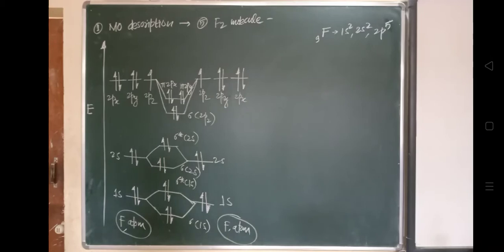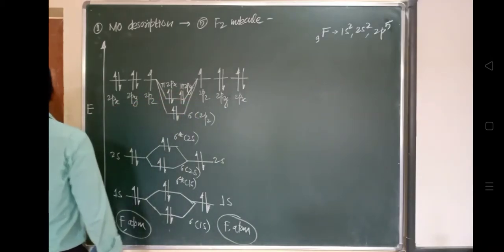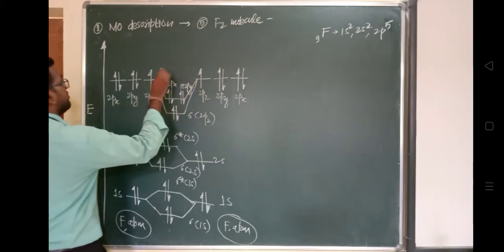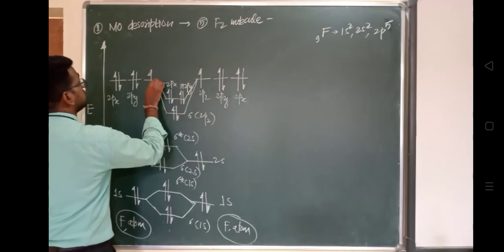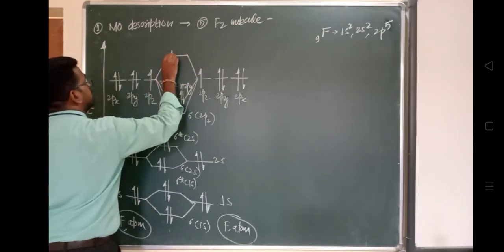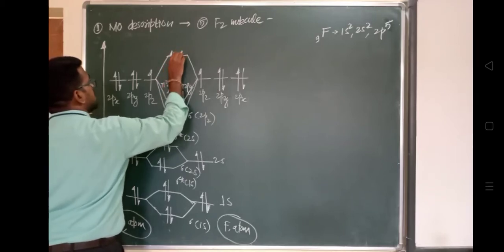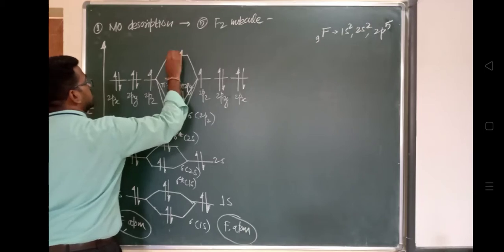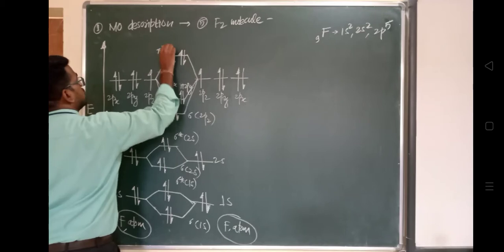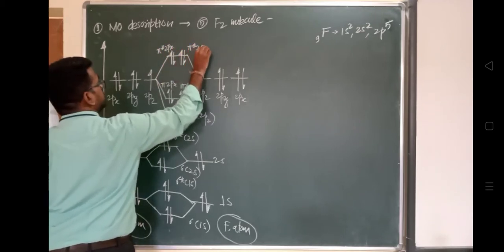One electron each from x and y of this atom, and one electron each from x and y of the other atom, will get combined and form pi star 2px and pi star 2py orbitals.